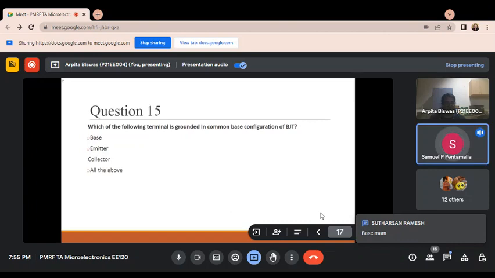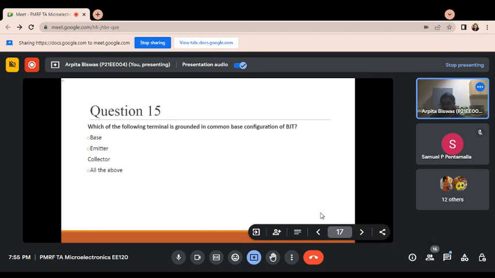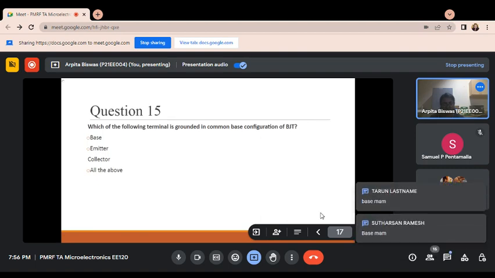Saujanya, what is the right answer? You can see the question: which of the following terminals is grounded in common base configuration? Okay. Good. Sudarshan, what is the right answer? Base. Okay.